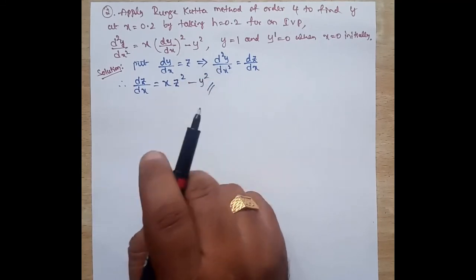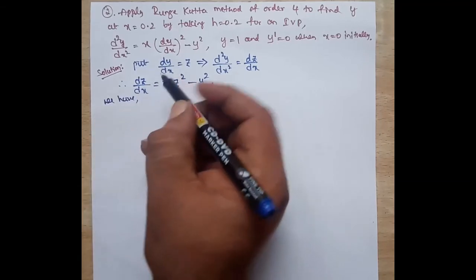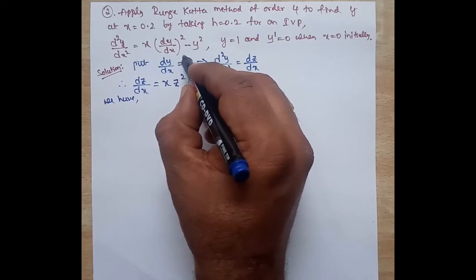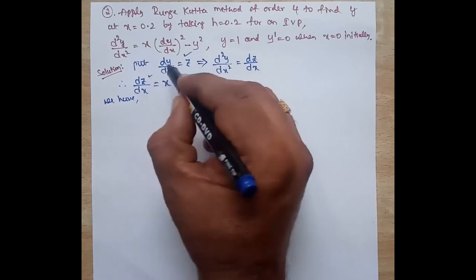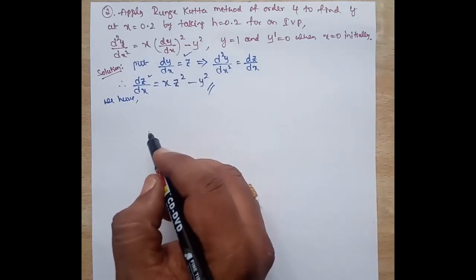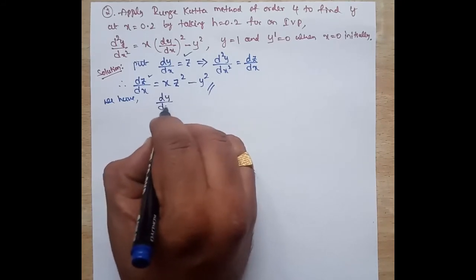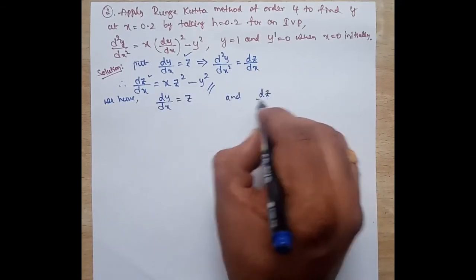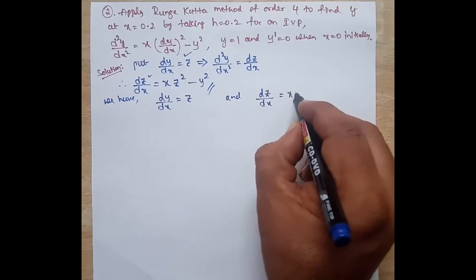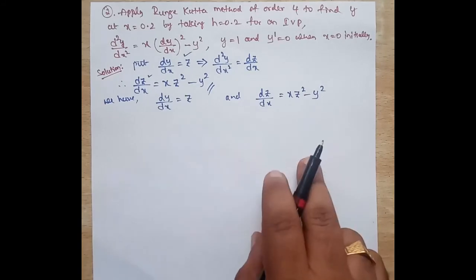Once the equation reduces to first order form, we consider these first order equations: dy by dx is equal to z, and dz by dx is equal to x z square minus y square. We write the first order equations separately.